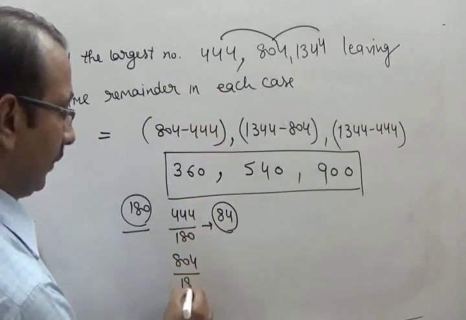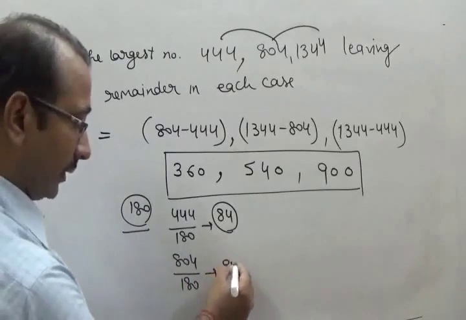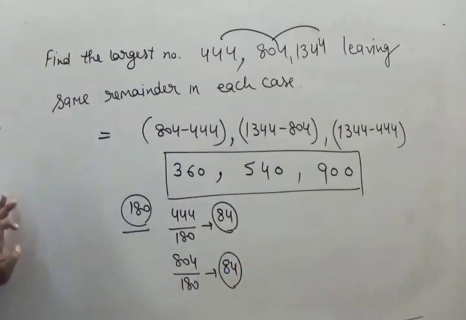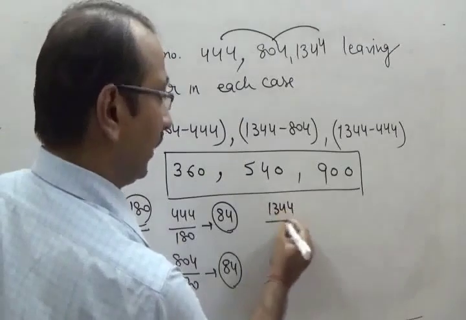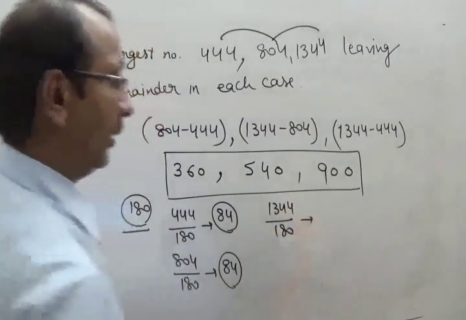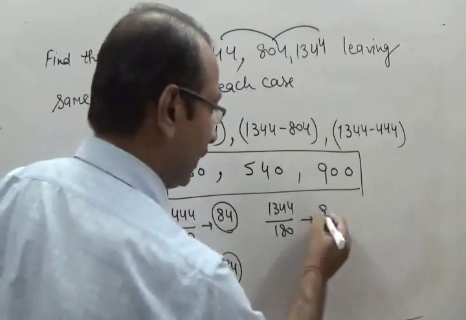When you divide it by 180, it goes 4 times, 180 times 4 is 720, and the remainder left is 84. Similarly, the third number is 1344. When you divide it by 180, it goes 7 times, 180 times 7 is 1260, and the remainder left is 84.